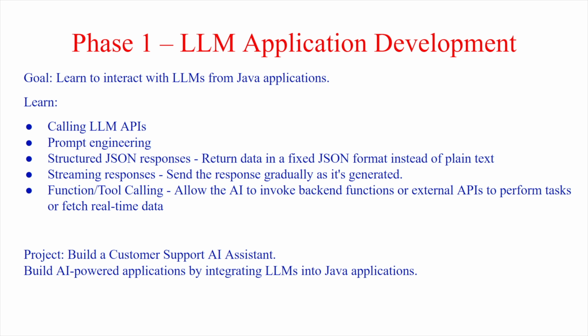And you have proper prompt engineering in place, proper JSON responses so that both contracts are in JSON format, and streaming of responses, so that you don't overwhelm with a lot of generated data, and you don't have a bad user experience if your user has to wait till the complete answer is generated. As and when the response is generated, gradually you show it to your users so that you have a smooth user experience.